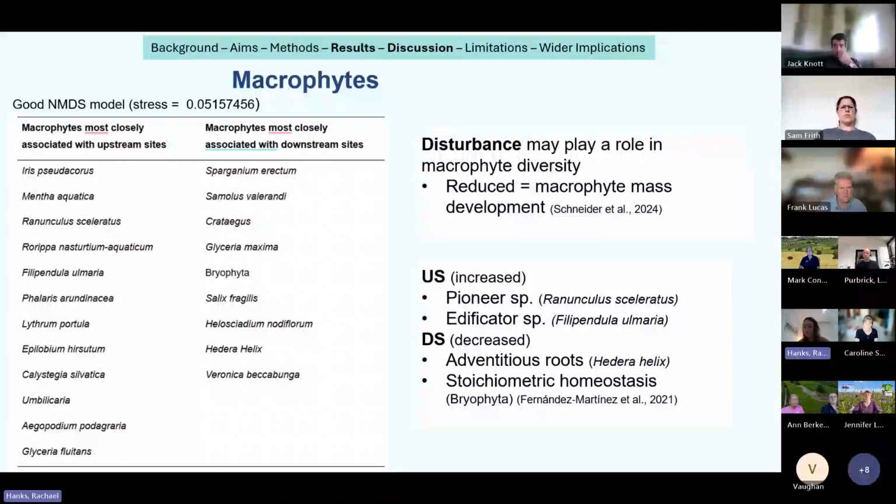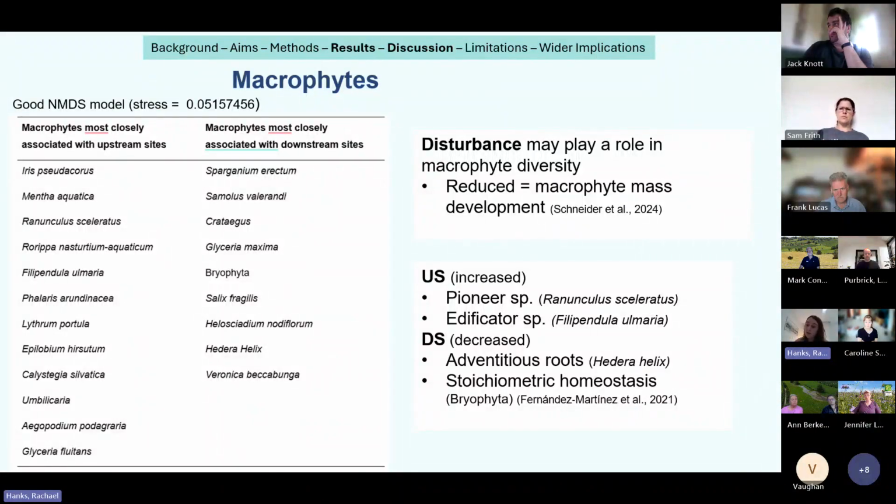So just to go into some of the species. Upstream, where there was increased disturbance in my study, where one of the sites was at a petrol station, so a large amount of anthropogenic disturbance, I saw species that were pioneers and edificators, so they modify their environment, which means that loads of different species can occur there, and they tend to be temporary communities that are not as well developed, and they're constantly replaced.